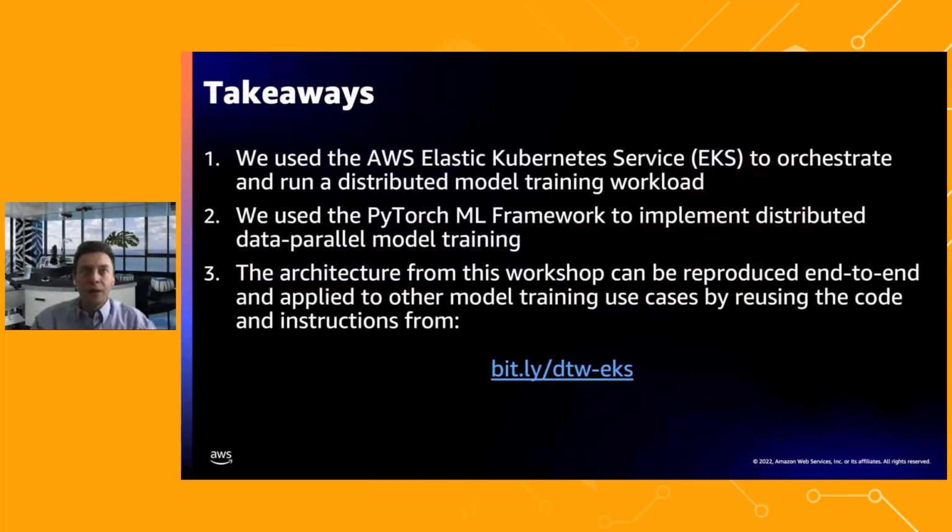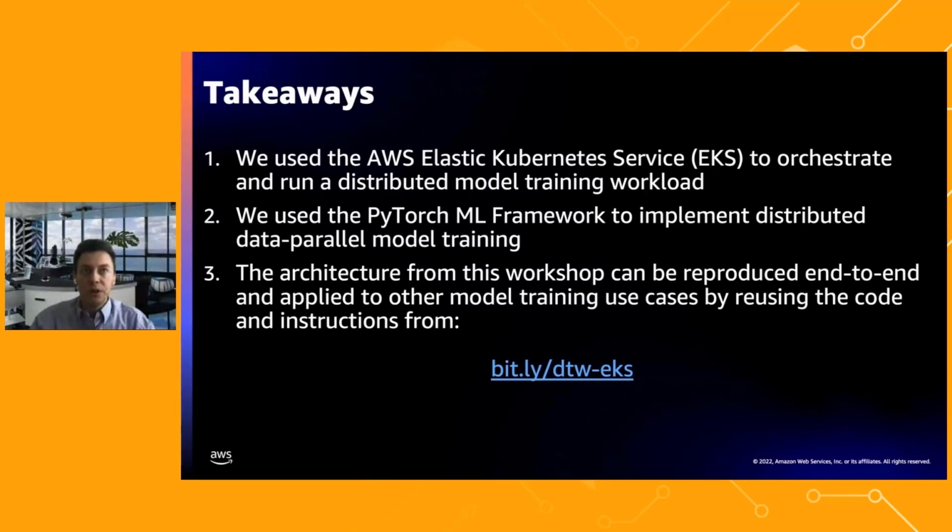So I would like to go over these key takeaways from the workshop. First, we used AWS Elastic Kubernetes Service to orchestrate and run a distributed training workload. We have 2 more workshops coming up that essentially do distributed model training using different services in AWS.